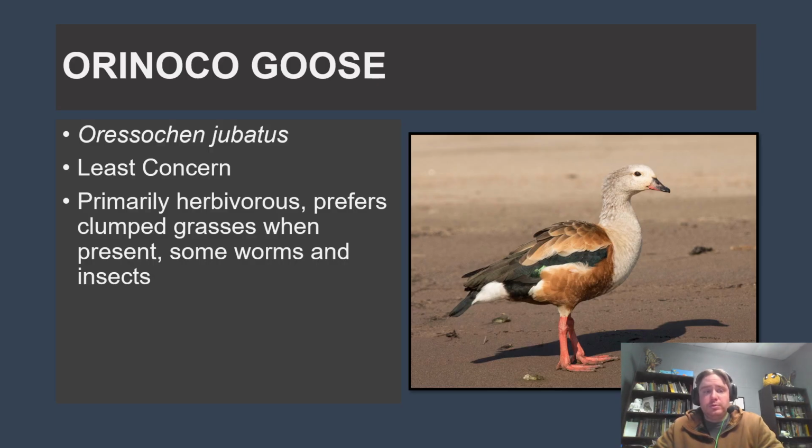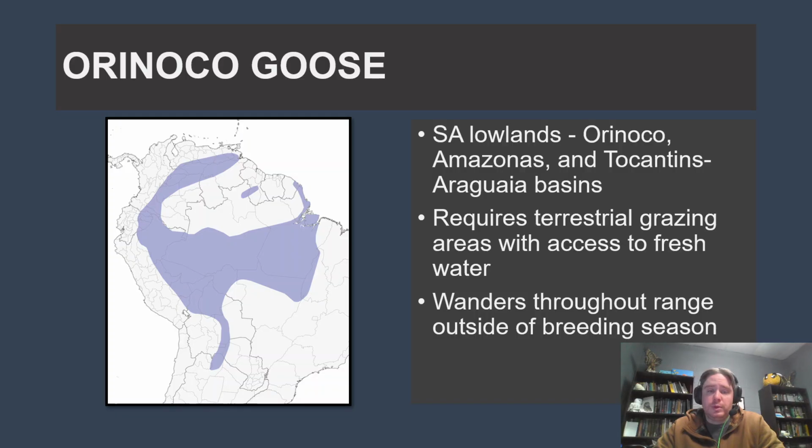The Orinoco goose, Oressochen jubatus, is a species of least concern. It's primarily herbivorous. They have a strong preference for clumped grasses in a habitat where those are available, and they are also known to eat worms and insects. So this is a species of South American lowlands.